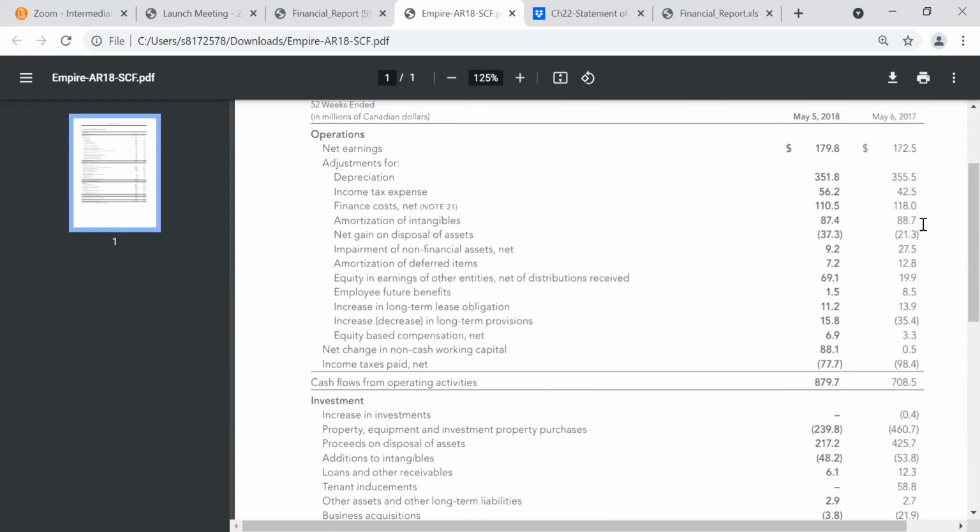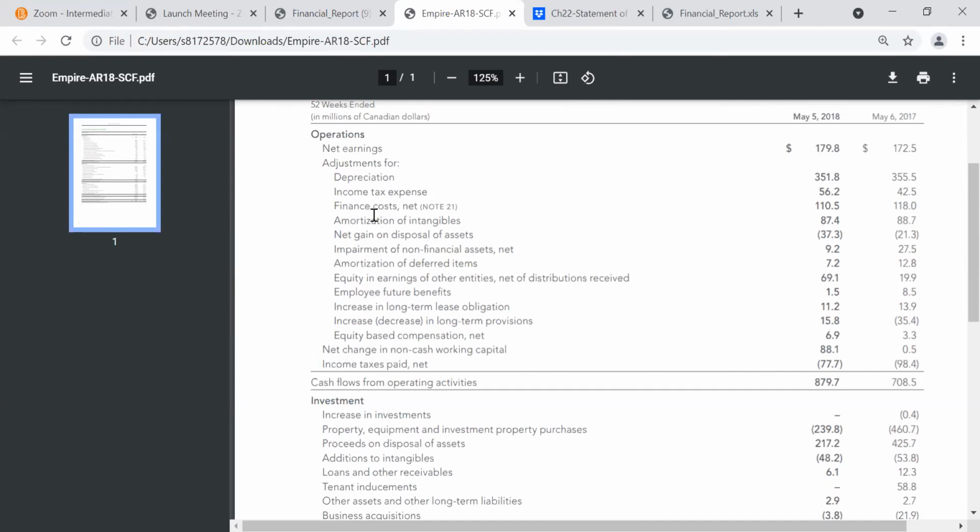Now they back out the interest expense and the finance expense here because I believe they have the interest paid and the income tax paid down here.